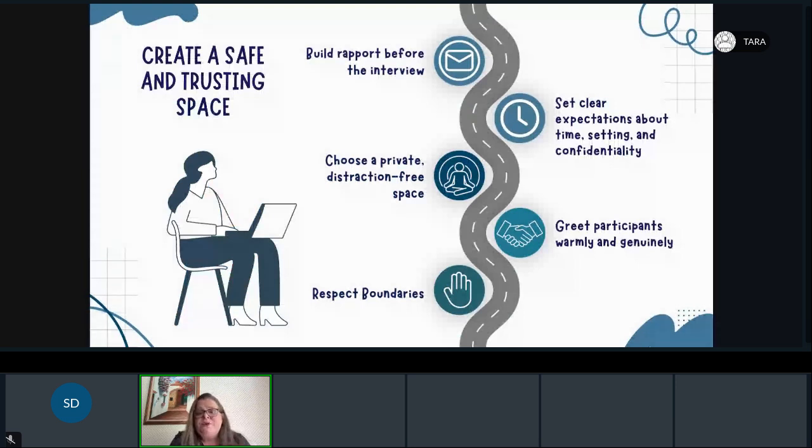Building rapport also doesn't begin when the interview starts. Building rapport with your participant begins before the interview. You set clear expectations ahead of time with an email or a phone call.